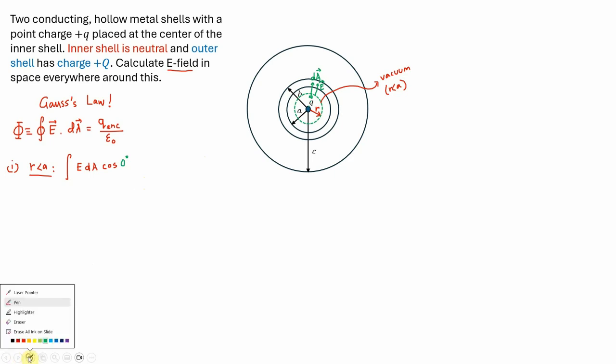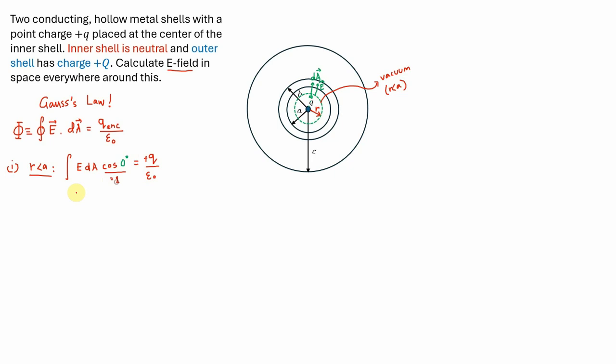Then on the right hand side, we have the Q enclosed over epsilon 0 term for Gauss's law. So what is the Q enclosed? That is the charge inside my defined Gaussian surface. I can clearly see that is just little q, the point charge, over epsilon 0. As simple as that. There are no other charges, just little q.